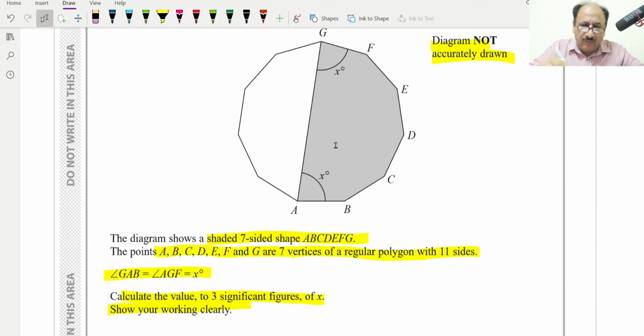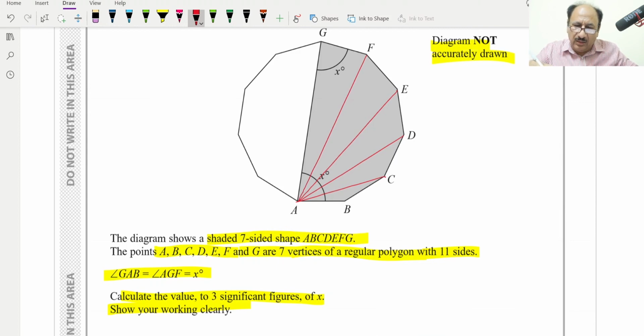For your understanding, if I draw the lines to show the triangles, one triangle will be this one, there will be another triangle, two, then this will be the third triangle, and this will be the fourth triangle and fifth triangle.